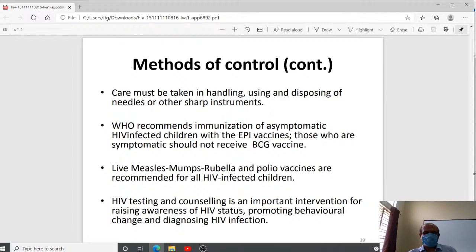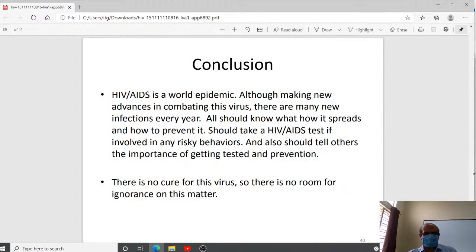HIV testing and counseling is an important intervention for raising awareness of HIV status, promoting behavior change, and diagnosing HIV infection. HIV and AIDS is a world epidemic. Although we are making new advances in combating the virus, there are many new infections every year.